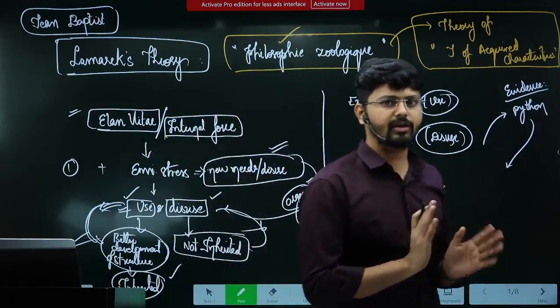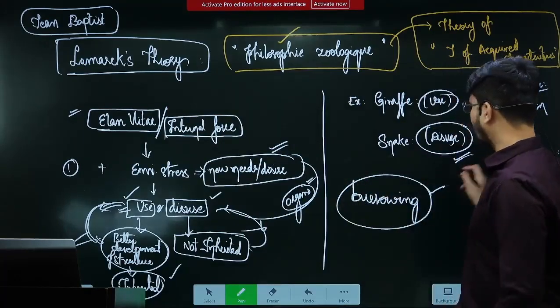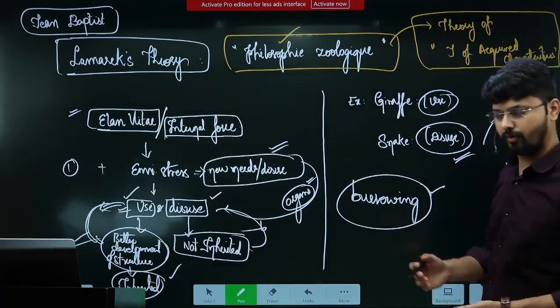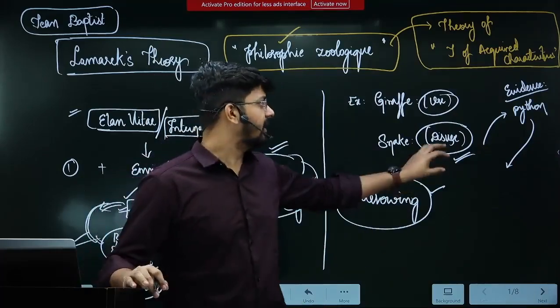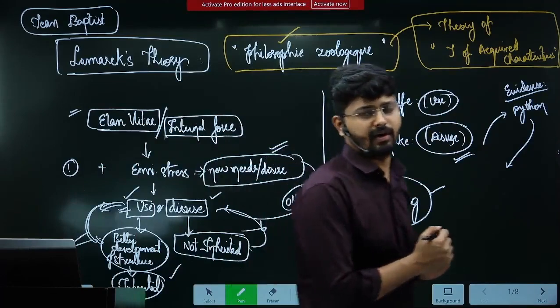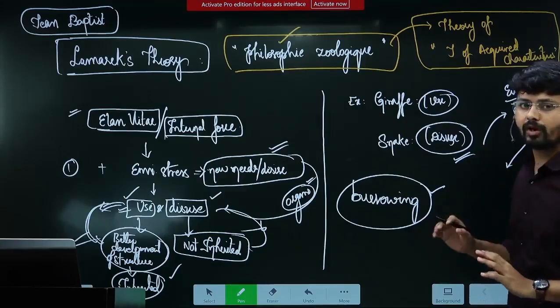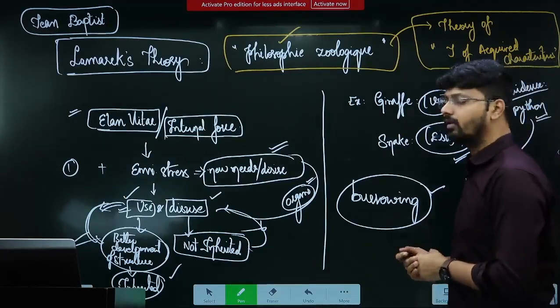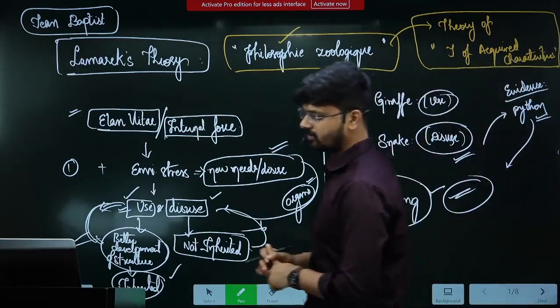Slowly the legs disappeared, and that has been inherited. Not we are saying, but Lamarck is saying that. He says that if you see python, there are limbs on the ventral side, but other snakes do not have. So for that reason he says that disuse of organs is inherited.